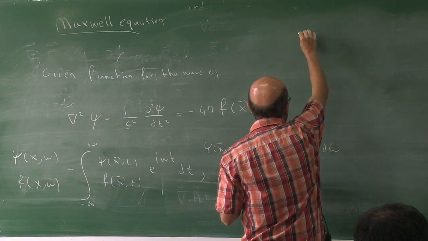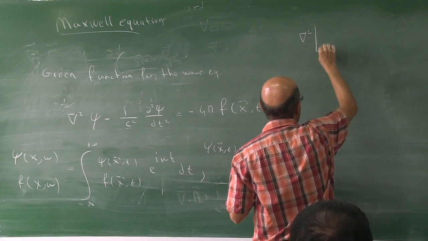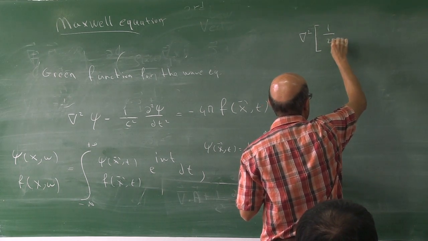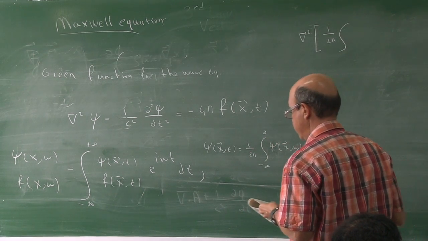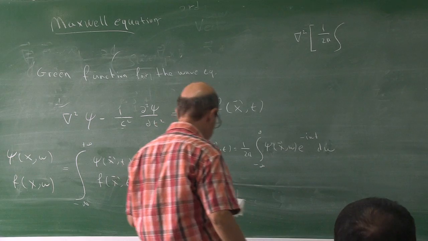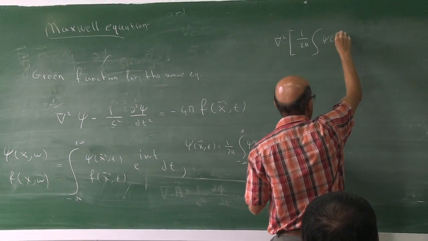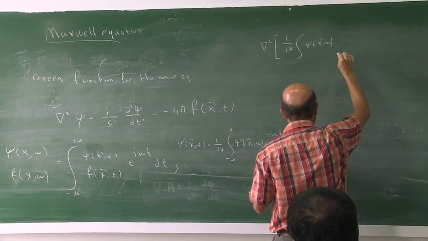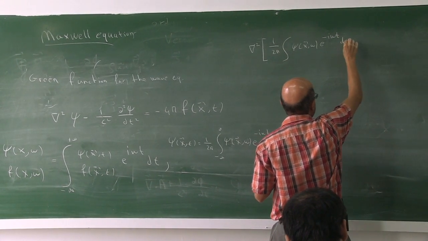You have the Laplacian of 1 over 2 pi, and instead of psi(x,t) you can write it in that form, that is psi(x,omega) e to the minus i omega t d omega.